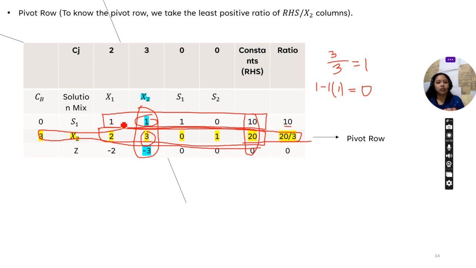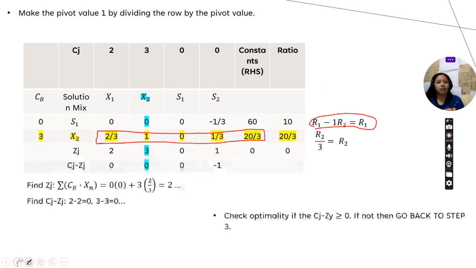Let's do that on these values. So we get this after we subtract 1 times the value of R2, which is the row 2. This is the row 2. This is the row 1.